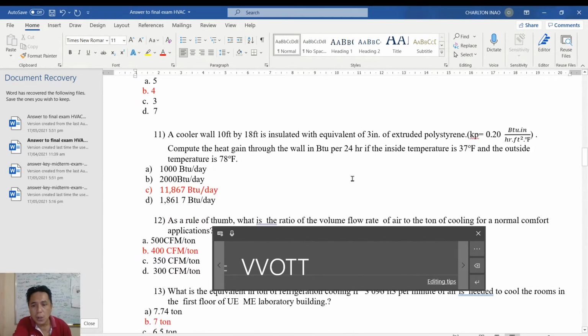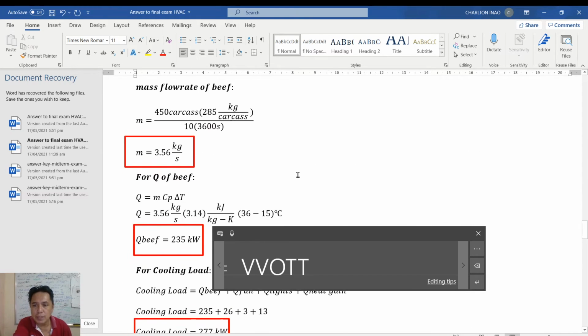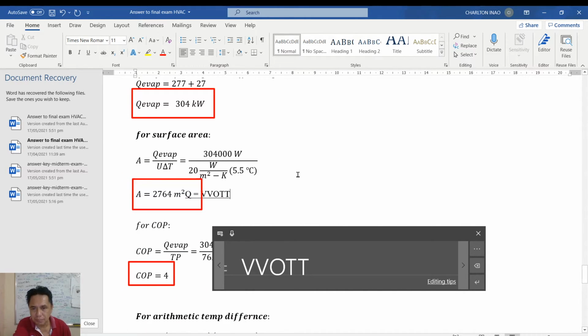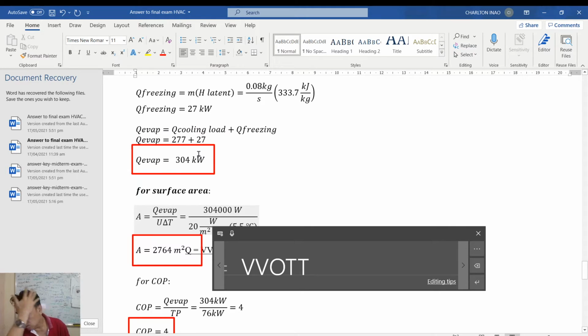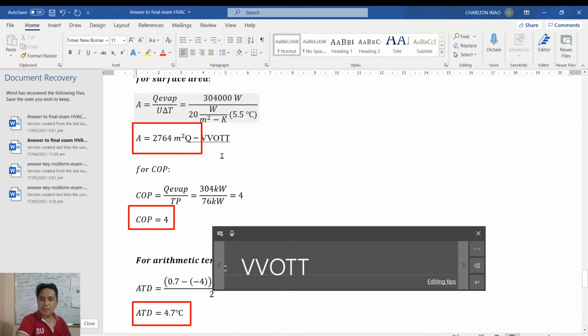That's why we have this 5.5 here, delta T. Then 20 is the overall heat transfer coefficient, and here is the evaporator load, because you're also going to get some moisture or droplets, so you can use that also as energy. So we'll finish with that.